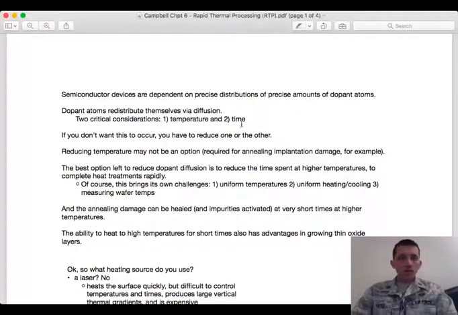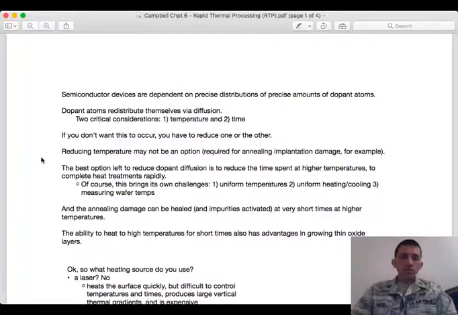Or if you need to have a temperature for a long time, then the temperature that you keep it at needs to be relatively low. And so diffusion after you implant your dopants is undesirable.